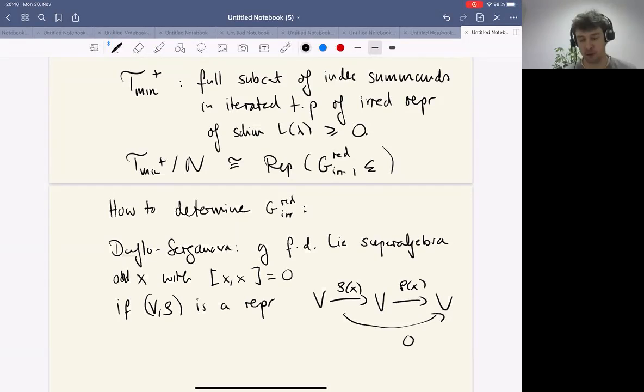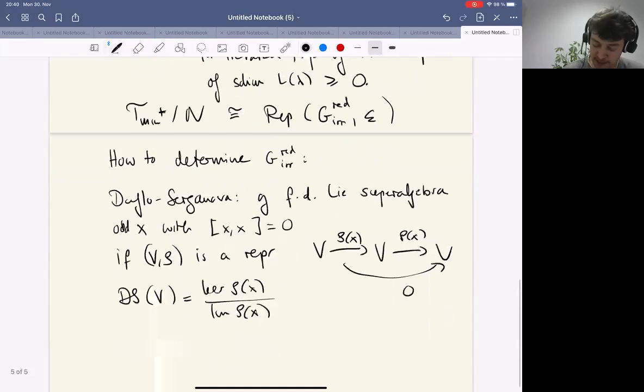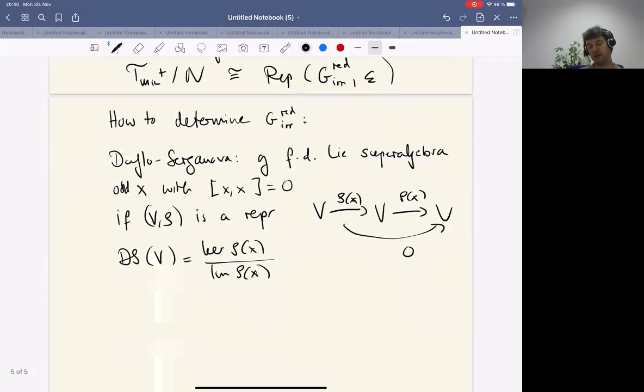And so you can talk about cohomology, and then we set DS of V to be the kernel of rho X divided by the image. And it turns out that you can interpret this DS always as a module under the algebra G_X. It's again a Lie superalgebra, but of lower rank. So the aim is somehow to reduce things to lower rank.